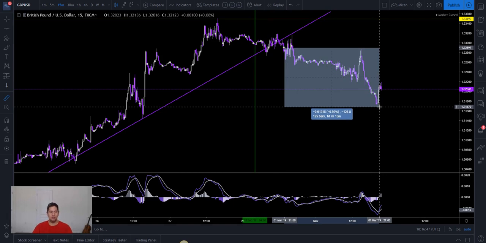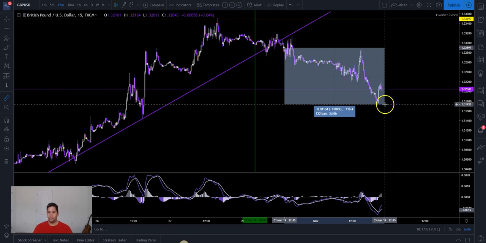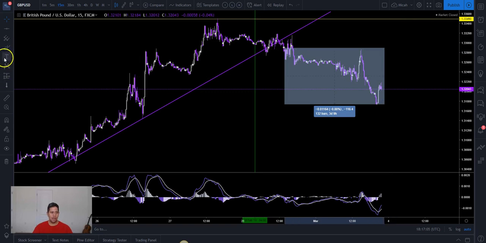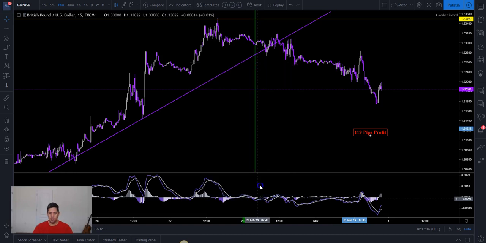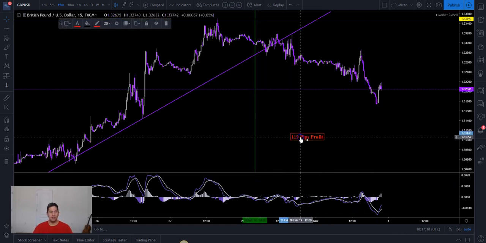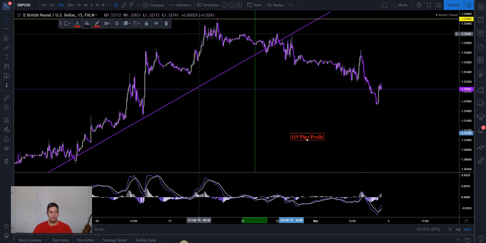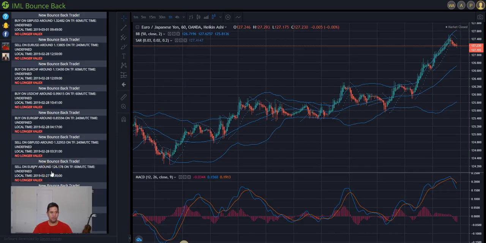Proper risk management to your account size is key, and that's one thing you'll learn in Forex. If you're risking only 2% of your account, one trade should not kill your account. 119 pips from entry, let's mark that here: 119 profit. I'm going to keep this right here, and we're going to calculate all the trades and how many pips we got. So that's the GBP USD for the sell.